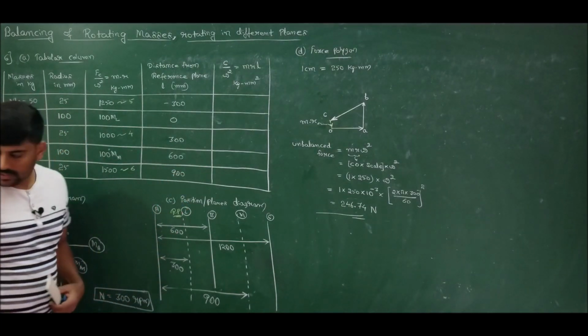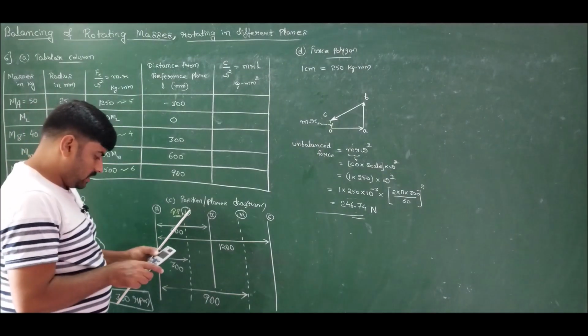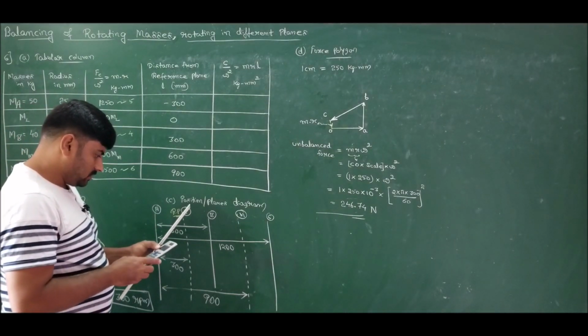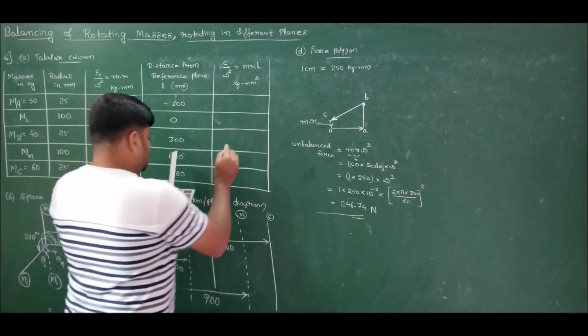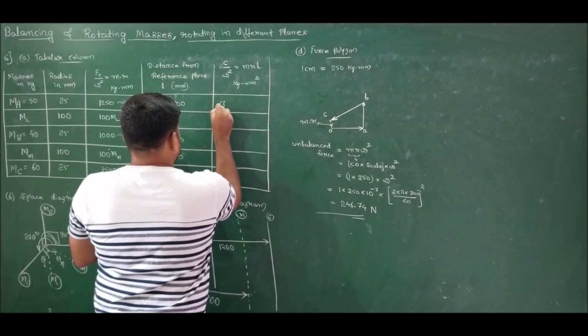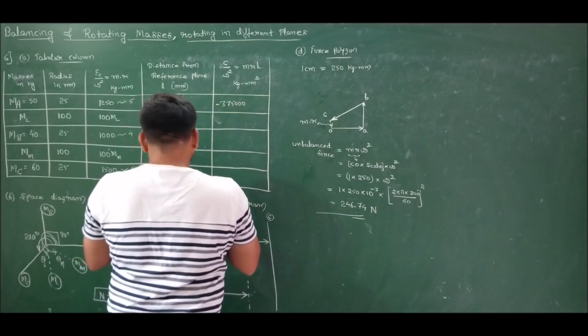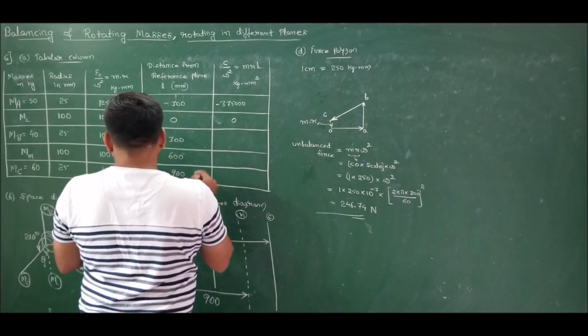Now if I multiply, I get 1250 into 300, which is 3,75,000 negative. This is 0.